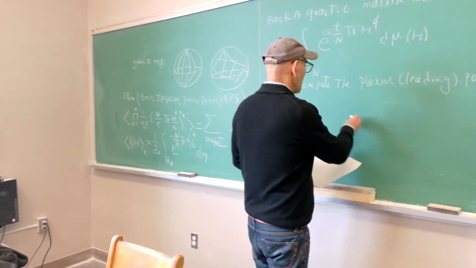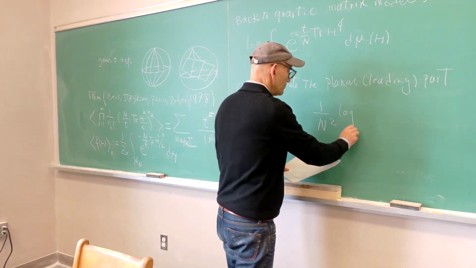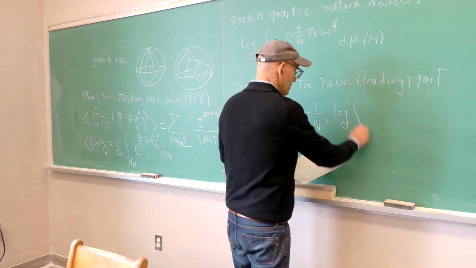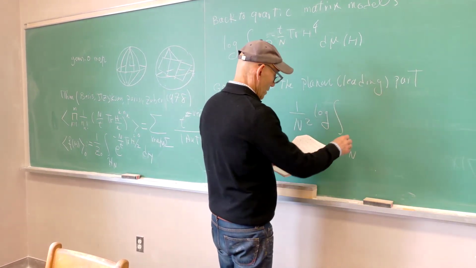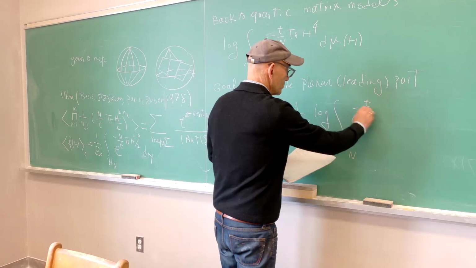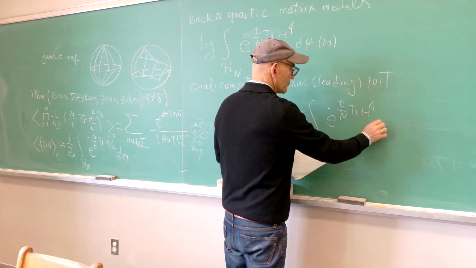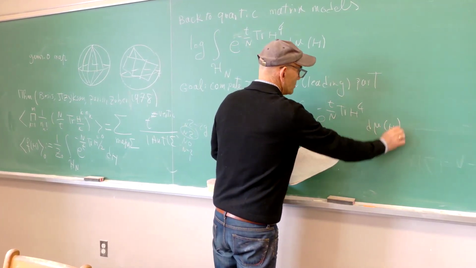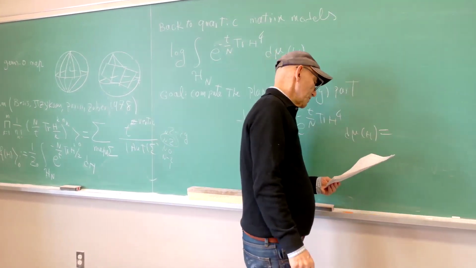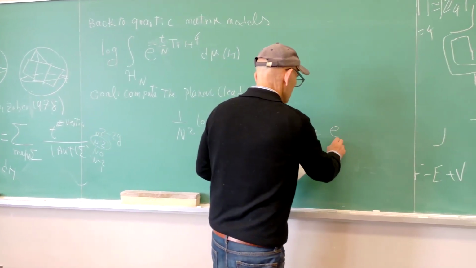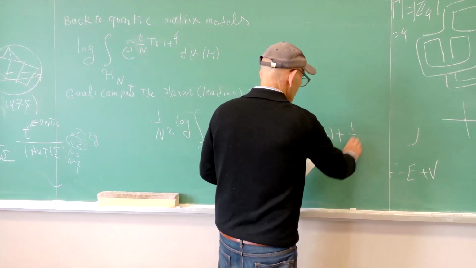So then we take this 1 over n squared log of the integral, the free energy, integral over Hn, exponential of minus t over n, h4 in mu of h. This we can just write as E0 of t plus 1 over n squared.